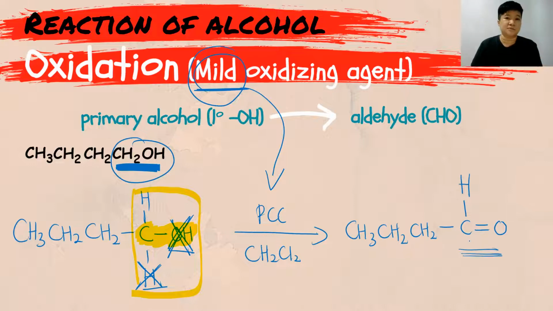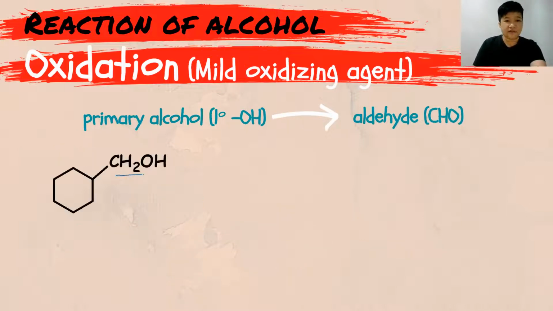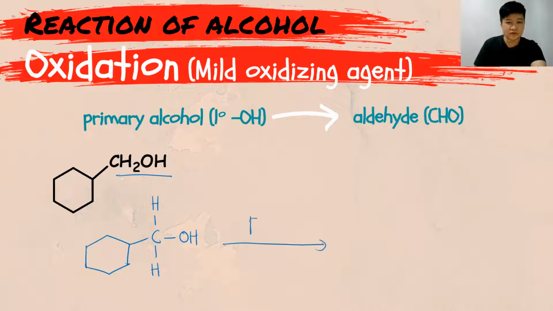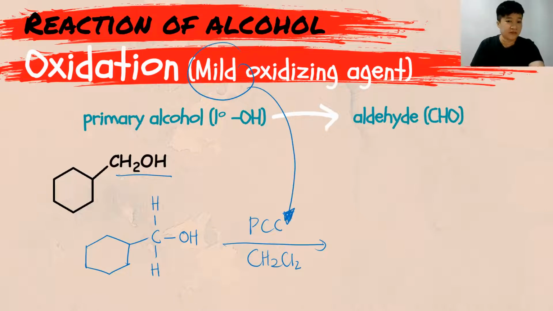Make sense? Simple. Another example, when you have a cyclic, same story. Your cyclic over here, we will only expand the carbon that's holding the hydrogen and the OH. And when you react with your PCC in CH2Cl2, which is your mild oxidizing agent, slightly weaker than the strong, what happened?